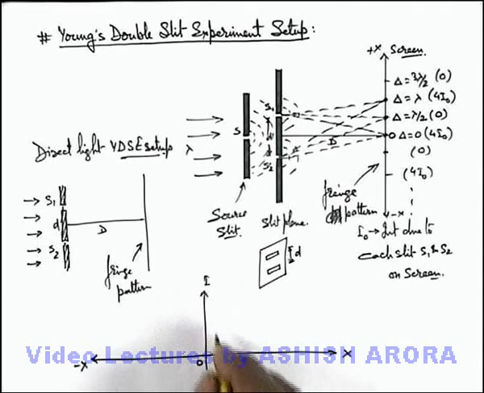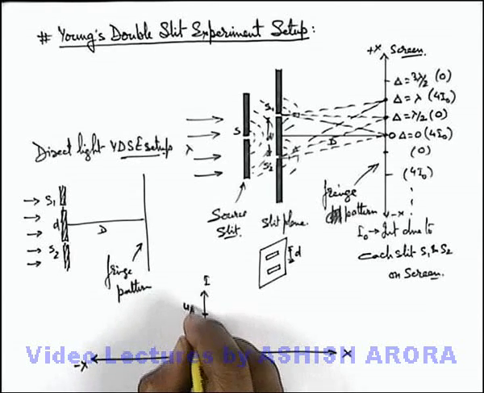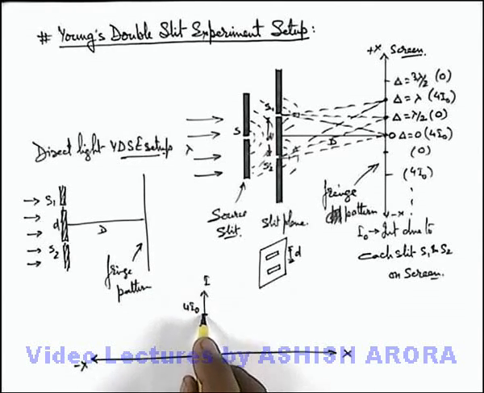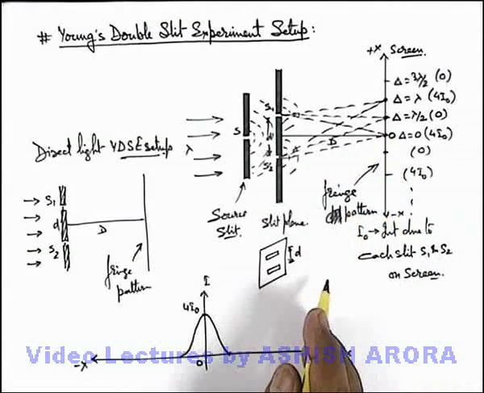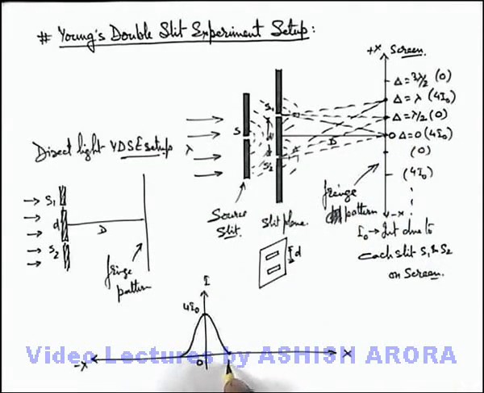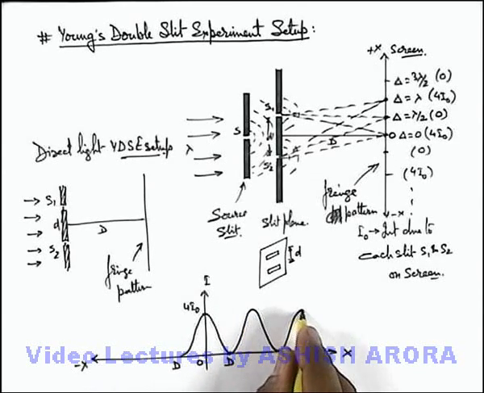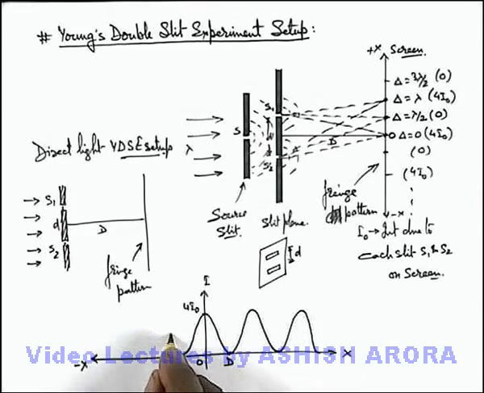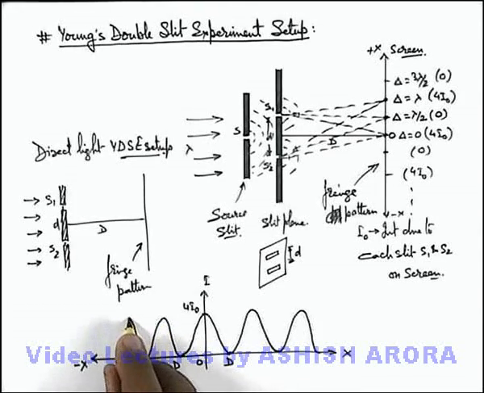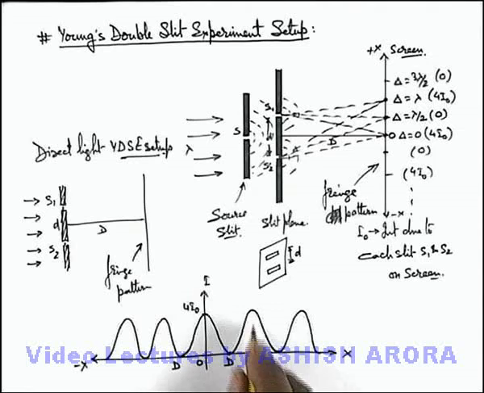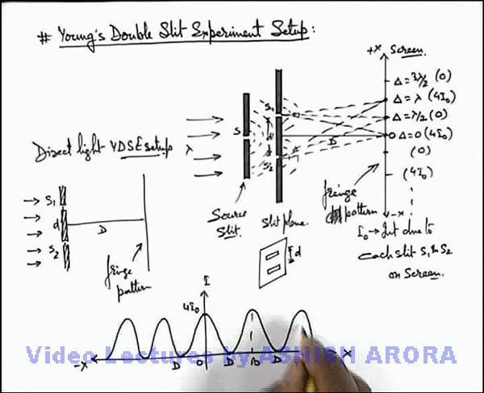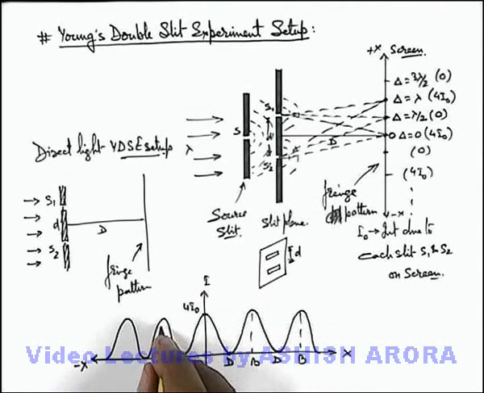At the center of the screen the intensity will be 4I0, and on the two sides it will gradually decrease until the point where a dark fringe is obtained, where the intensity is 0, and again a bright fringe and a dark fringe are obtained alternately. So this is the variation of intensity on the two sides of the screen with corresponding bright and dark fringes alternately.